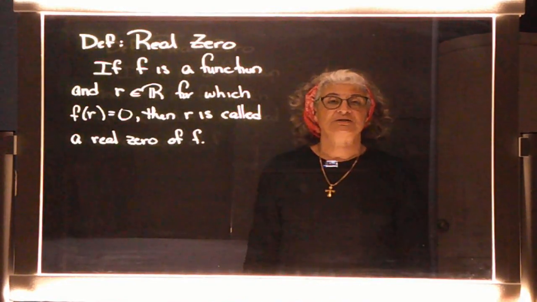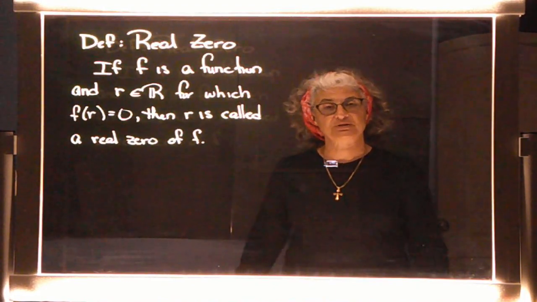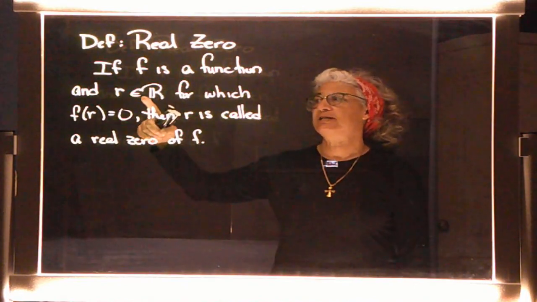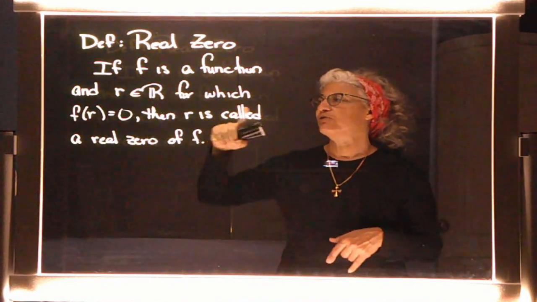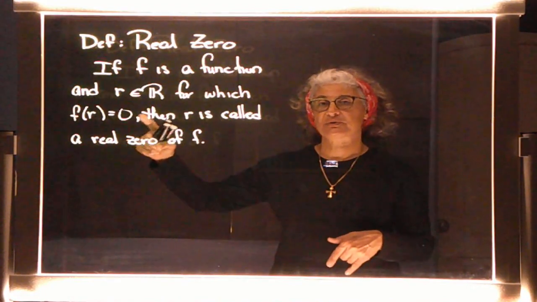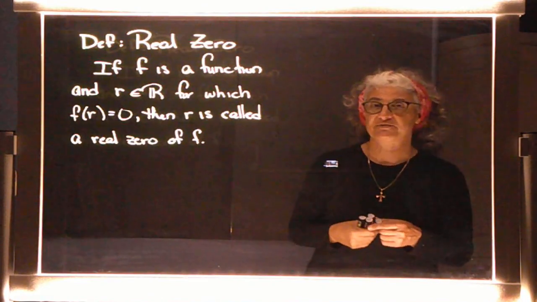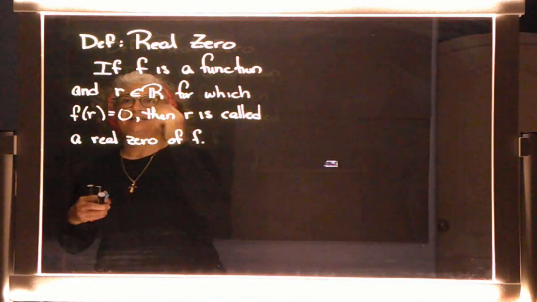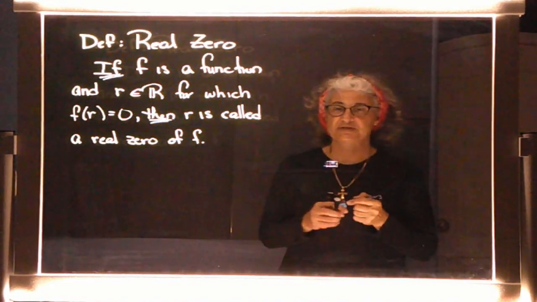Okay, so let's look at another definition. This definition is with respect to a real 0. So let's read it. If f is a function and r is a real number, remember that little symbol means a member of, part of, for which f of r equals 0, then r is called a real 0 of f. So, one of the things to notice is this is an if-then statement. If these are true, then here is the result.